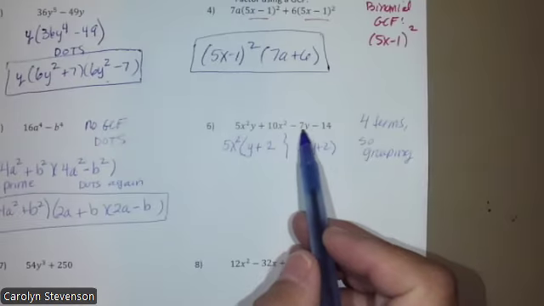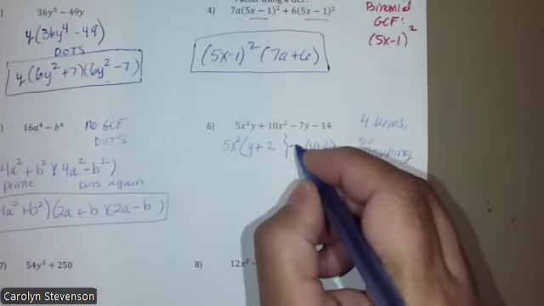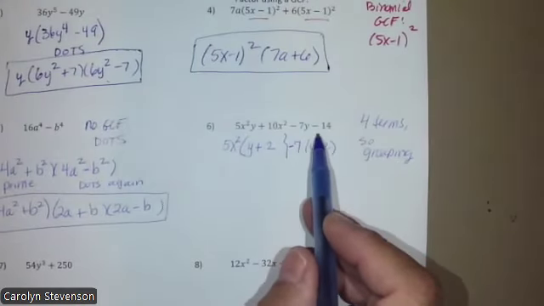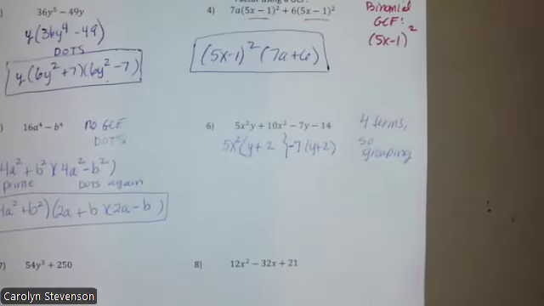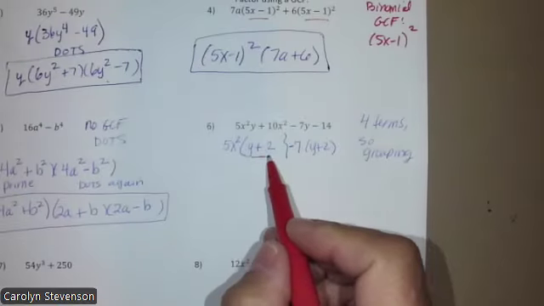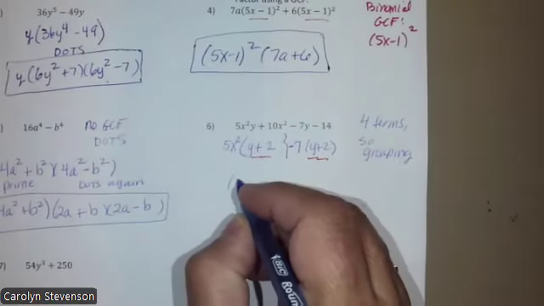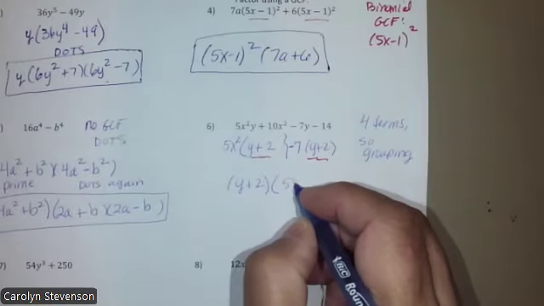But this half, it starts with a negative, so that sign always comes down for your GCF, and 7 is what's common. And when you divide them both by a negative, it changes both signs to positives. So we have our common binomial. So y plus 2, and then 5x squared minus 7.